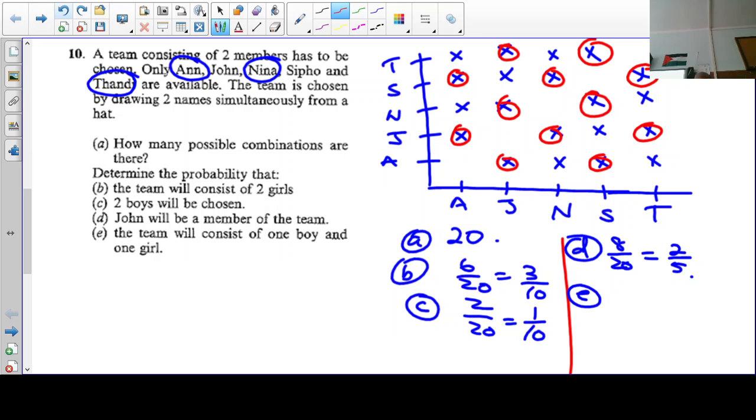You will agree with that? So that gives us 1, 2, 3, 4, 5, 6, 7, 8, 9, 10, 11, 12. So that gives us 12 over 20. 4 goes into 12 three times, and 4 goes into 20 five times. Okay, is there any confusion, people?